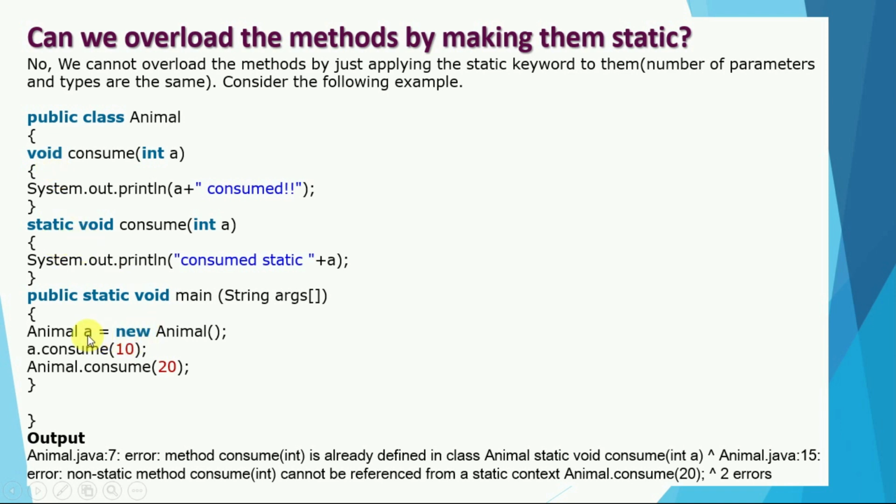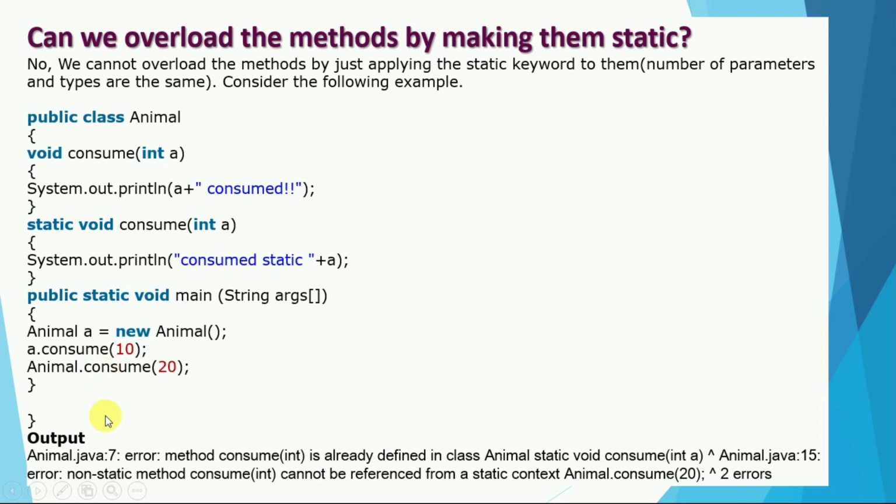In our main method, first we create an object, and then we call these methods. We call the method named consume and pass the value 10, and then again call the method consume and pass the value 2. In the first we give the reference by using this object, and in the second we give the reference by using the Animal class.